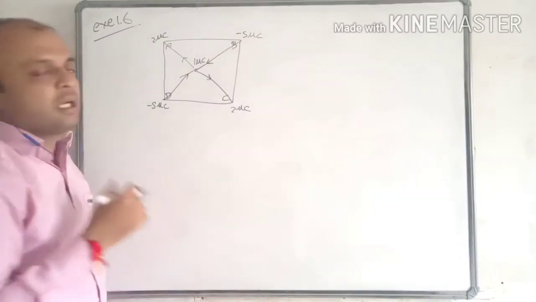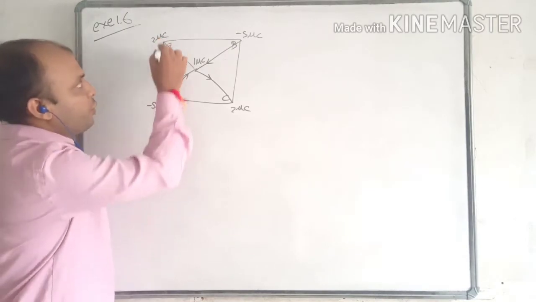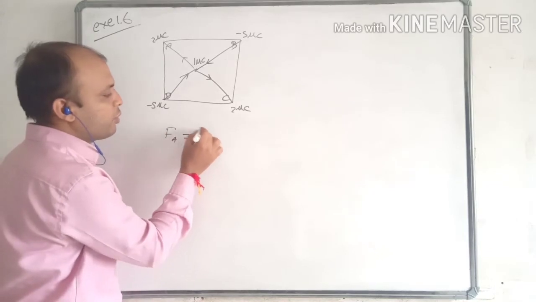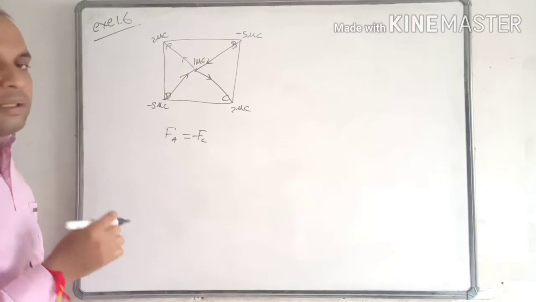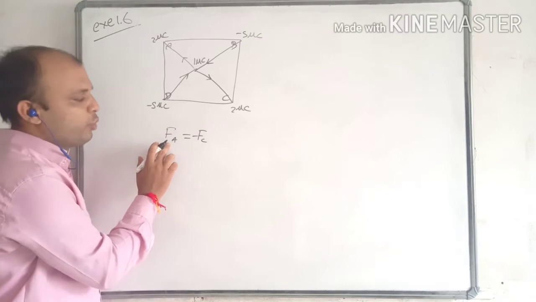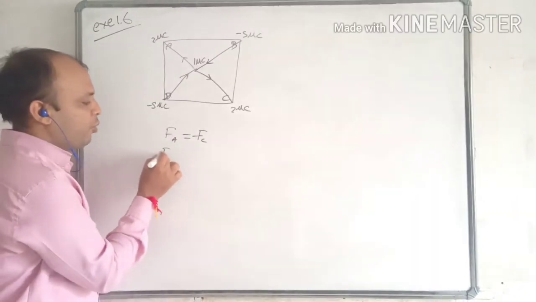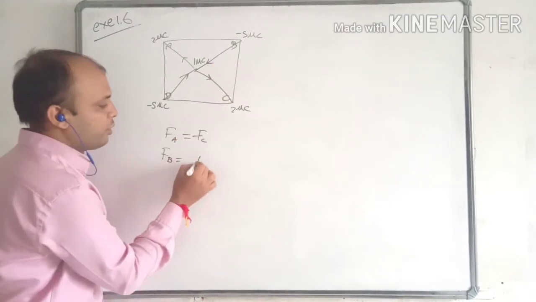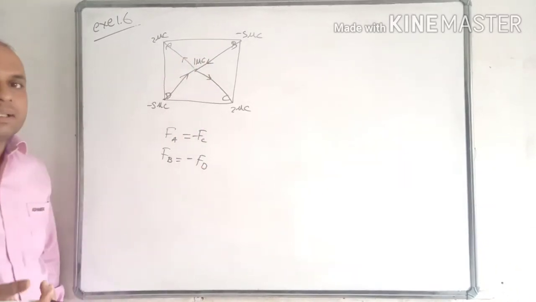From this figure we can say that the force due to A is equal to the force due to C but with a minus sign because the direction is opposite, and similarly the force due to B is equal to the force due to D but with a minus sign, because both have opposite directions.